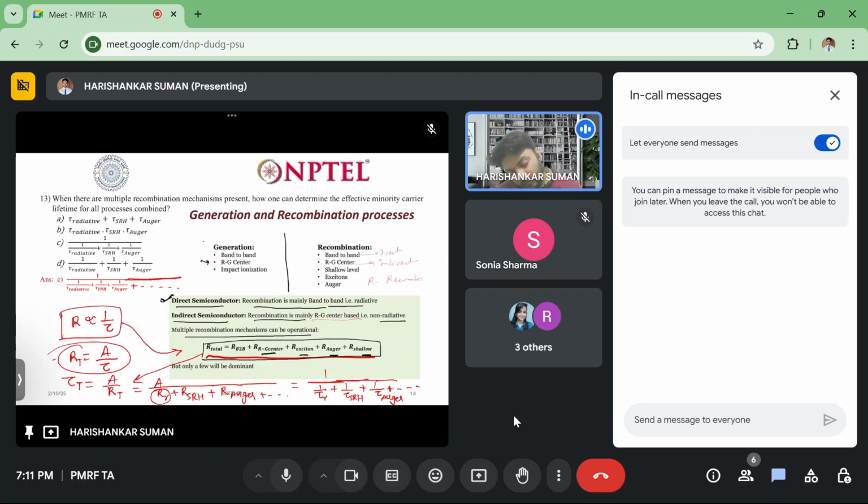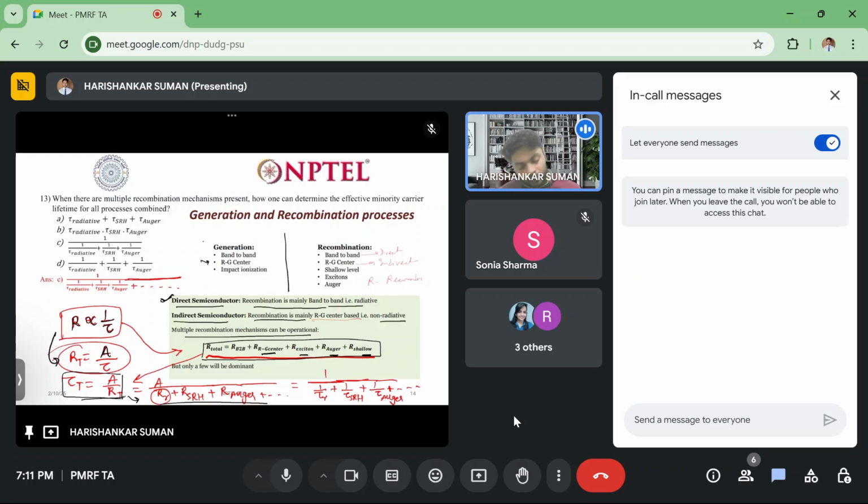Recombination is inversely proportional to the lifetime of the charge carrier. If multiple recombinations happen, we can use the total recombination like that, combining band-to-band, RG center, and Auger, all of these here.